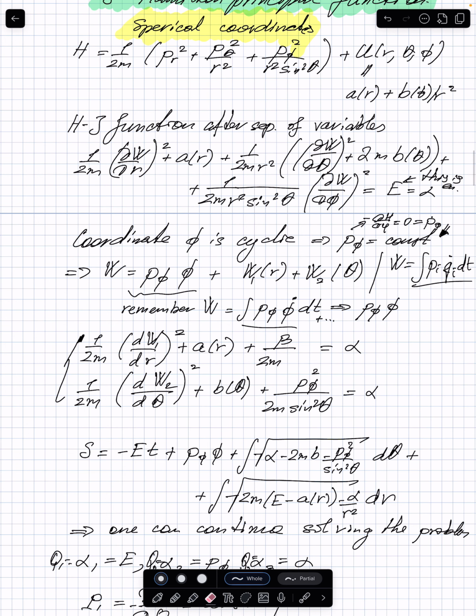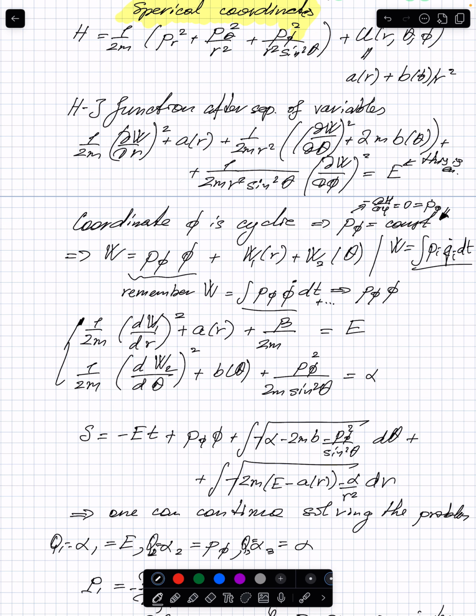Oh, give me a second. So, apologies. This is actually E, and I will use E instead of alpha here. So this is actually E, and alpha is some other constant. The other constant alpha here came from the fact that I'm performing the separation of the variables in this equation over here.